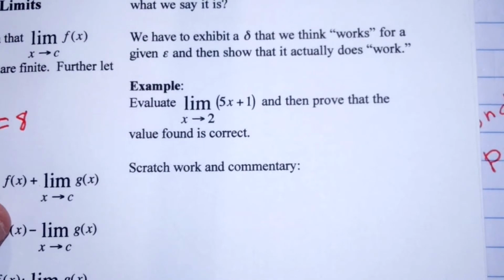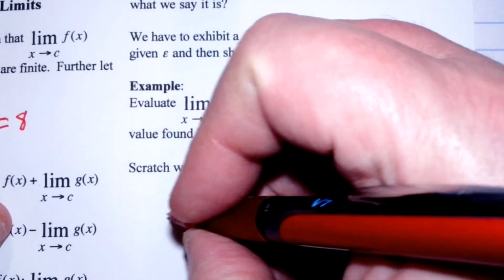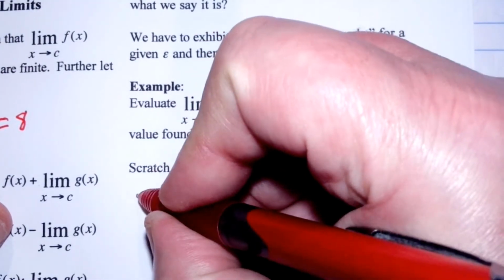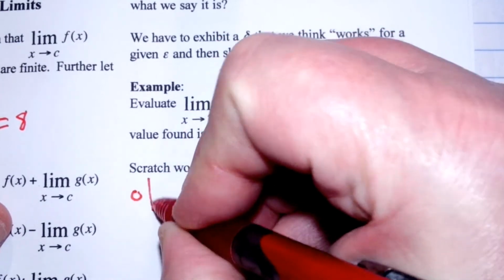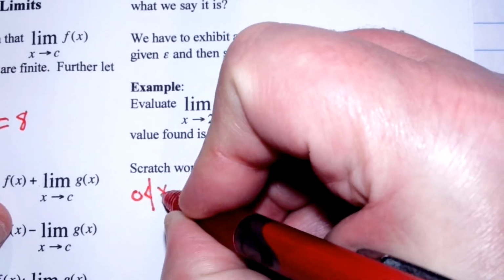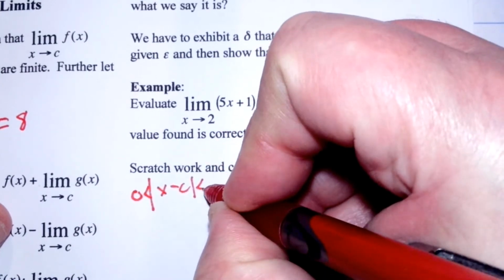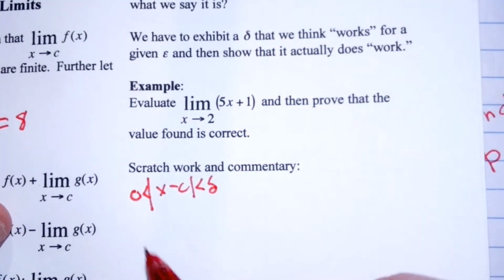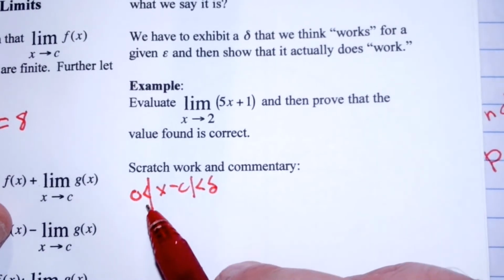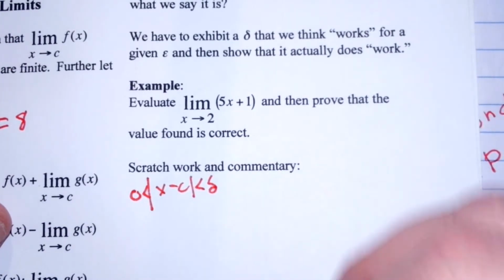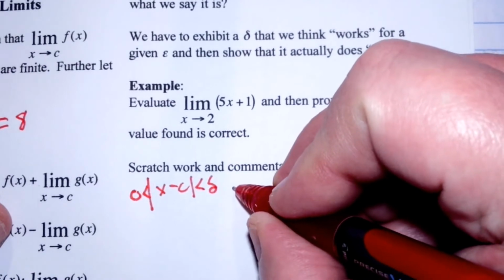Alright, so remember that what we want to do is start with zero is less than the absolute value of x minus c is less than delta. The less than is kind of hard to see, I apologize for that.